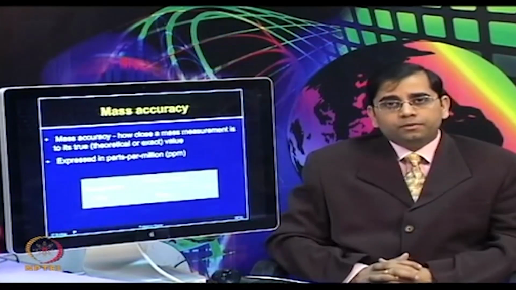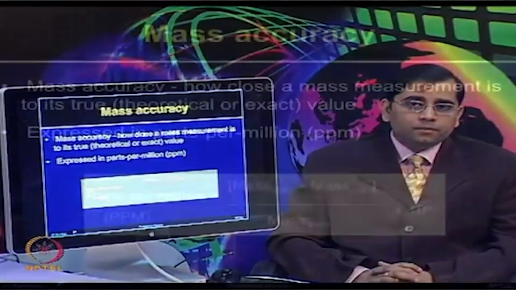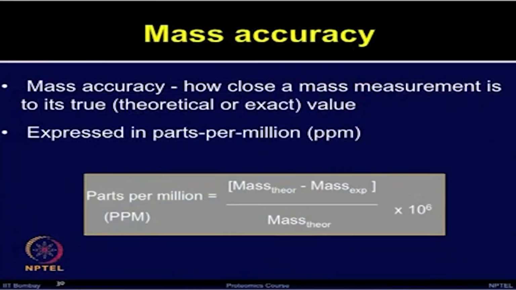Now, let us talk about mass accuracy, how close a mass measurement is to its true theoretical or exact value. It is expressed in parts per million or ppm.